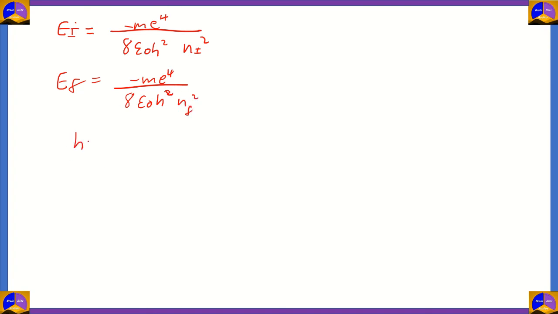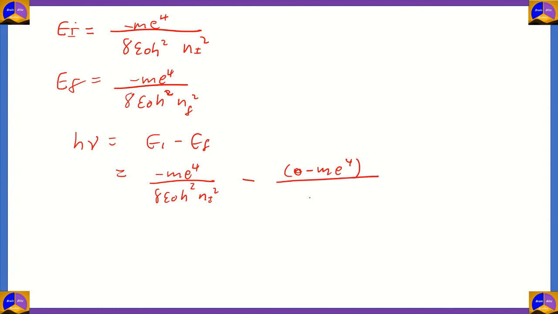So since h nu is given as Ei minus Ef, that will be equal to minus m e raised to 4 divided by 8 epsilon naught h square ni square minus m e raised to 4 divided by 8 epsilon naught h square nf square.